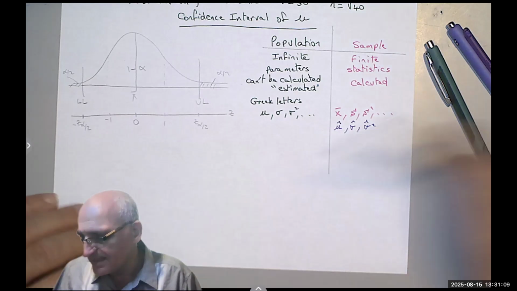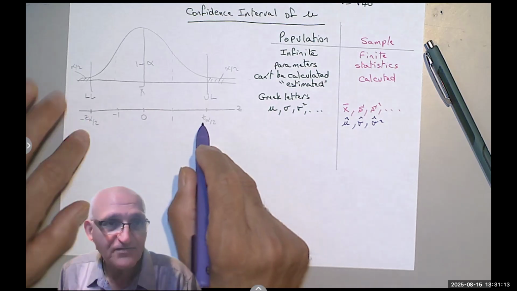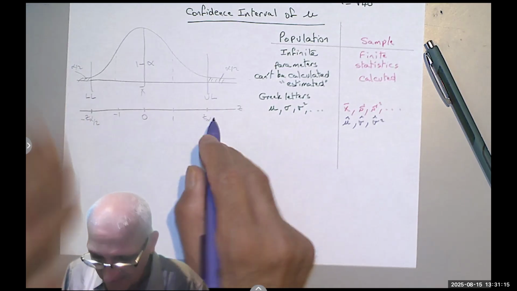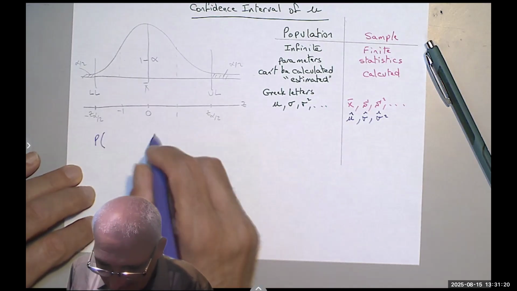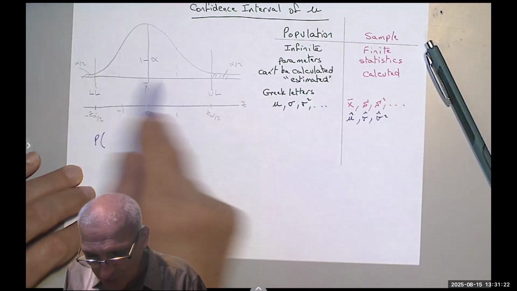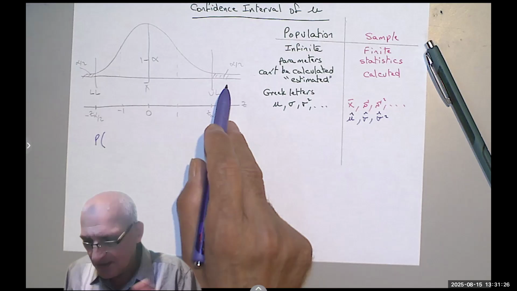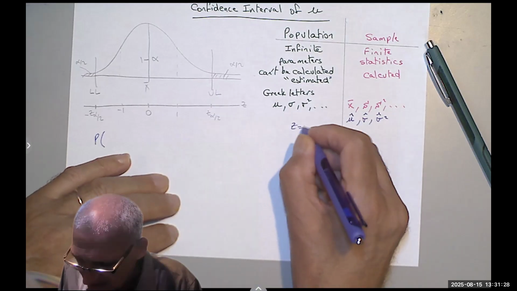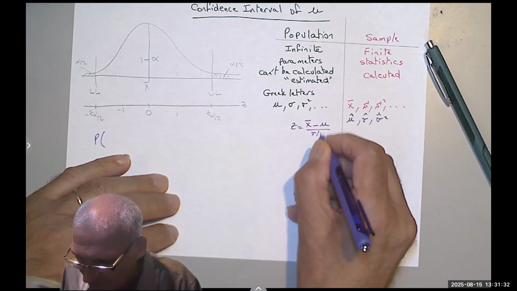How do we do it mathematically? I want to find two values, z alpha over 2 and -z alpha over 2, such that the probability that my z value, notice my z value for the mean, we said z equals x bar minus mu over sigma over root n.